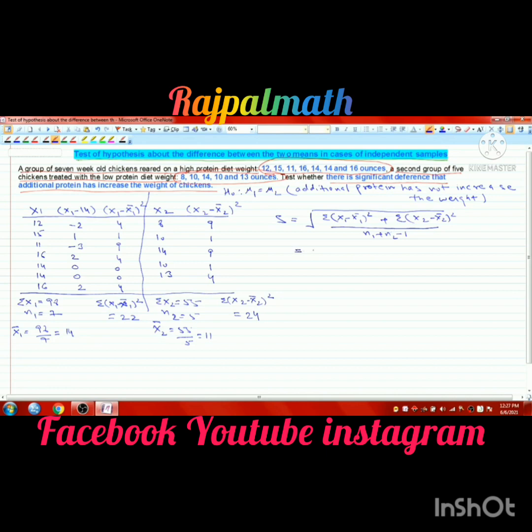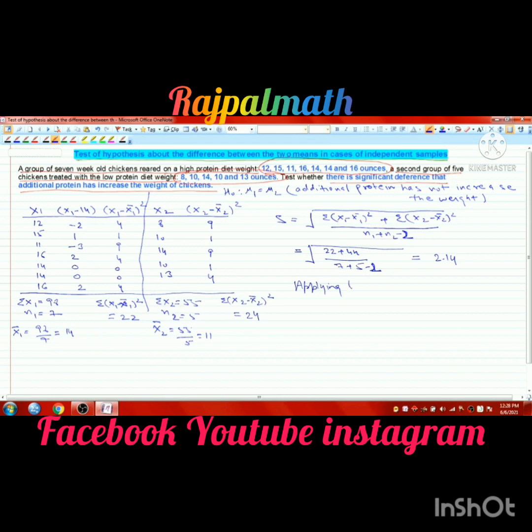By putting in the values we get the square root of 22 plus 24 divided by 7 plus 5 minus 2, which comes out to be 2.14.